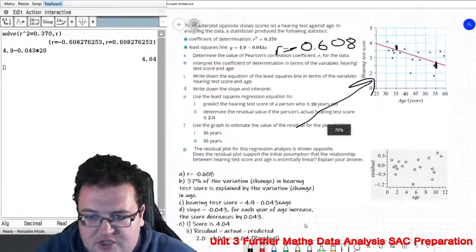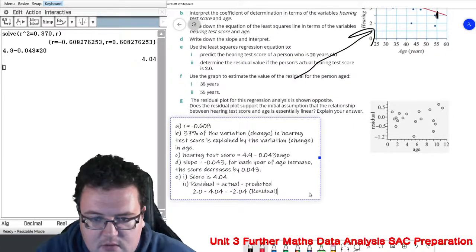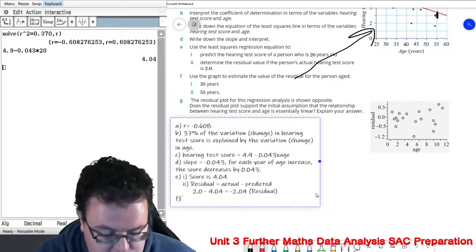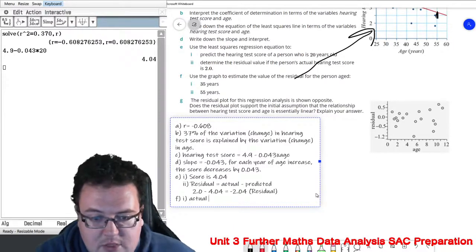All right, and so if we go down to question F, actual minus predicted equals 0.3.